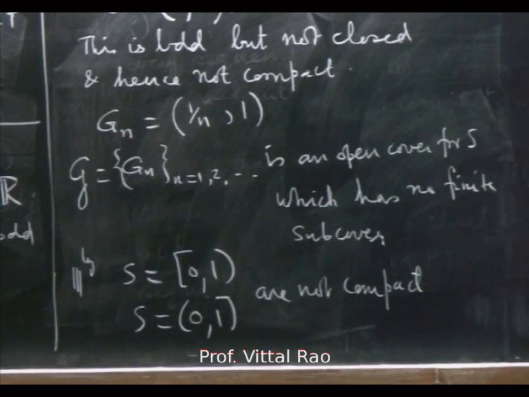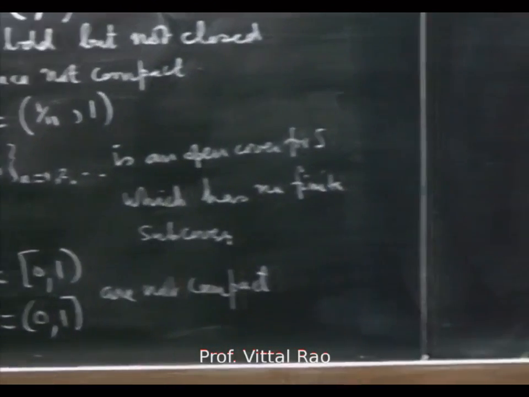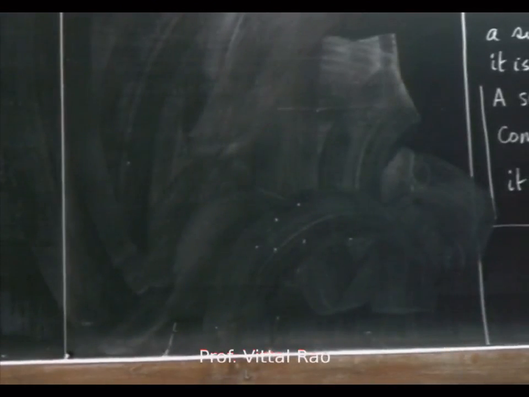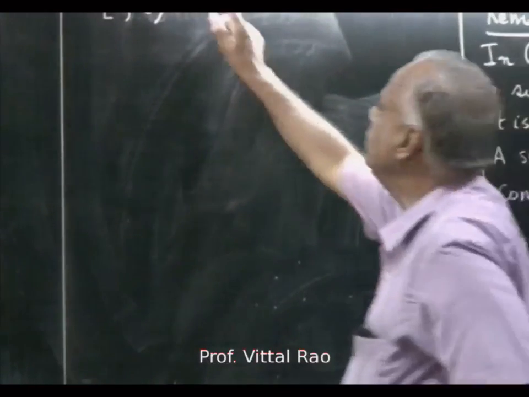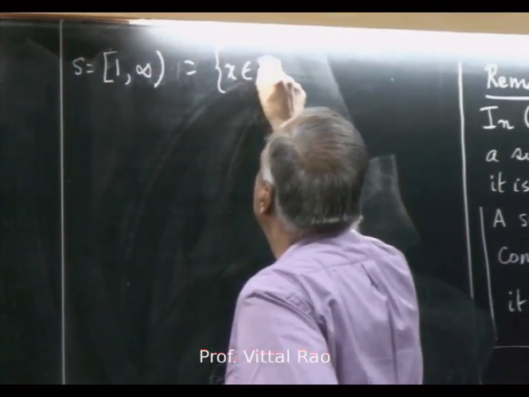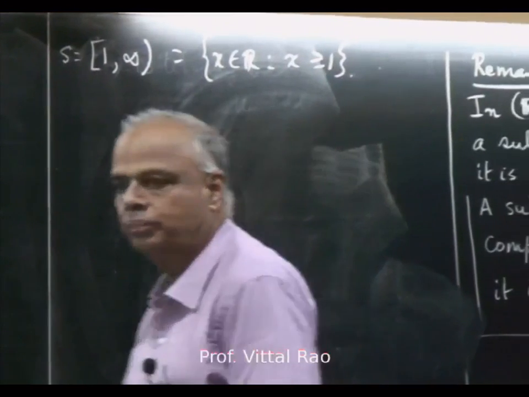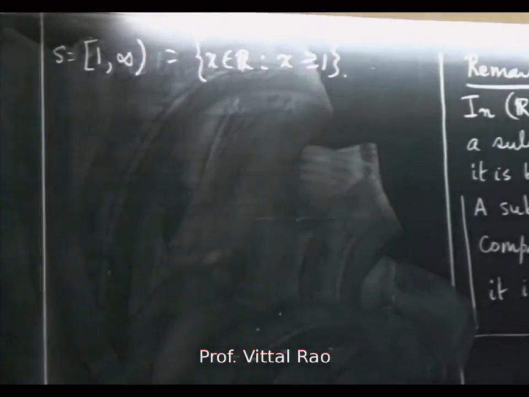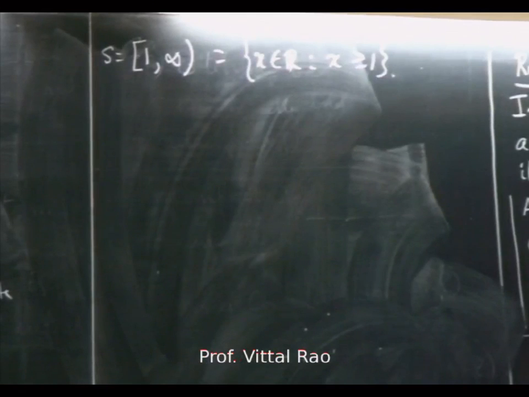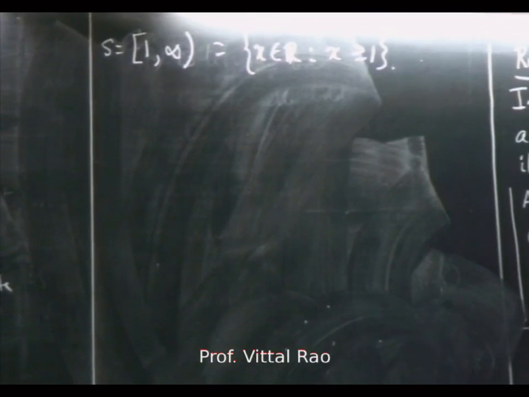One more example I will give you. Let us consider all real numbers from 1 onwards. Okay, this is the set S of all real numbers x such that x is greater than or equal to 1. Is this set closed? Yes or no? It is closed because its complement is open.